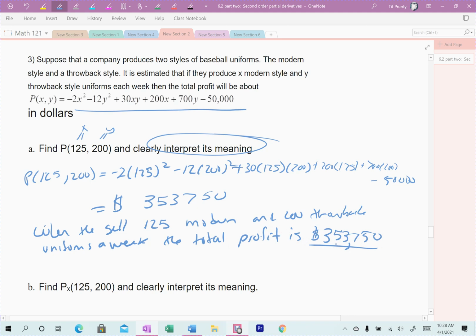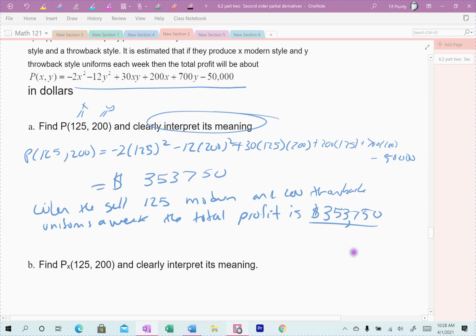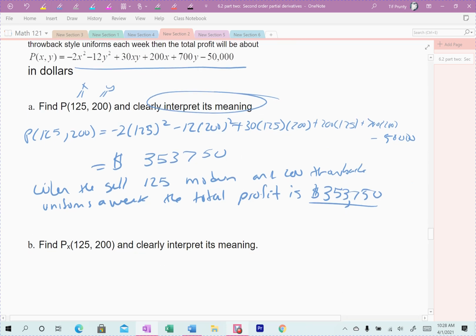So they sell 125 per week and 200 per week, and we're assuming it's average sales. They'll make a total profit of $353,750.